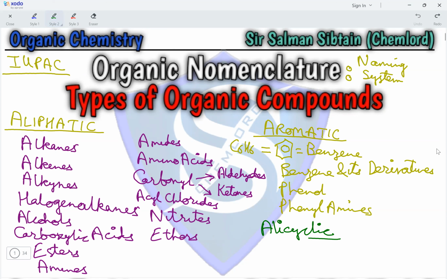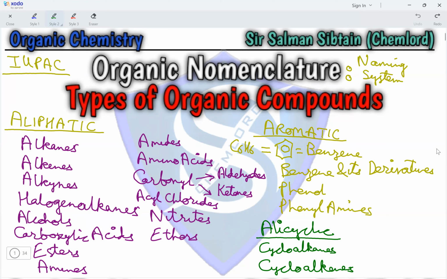Now, as the name suggests, these compounds will be in the form of a cycle. Two types of compounds will be studied, which are cycloalkanes and cycloalkenes. The name is similar to alkanes and alkenes because these compounds will have the same functional groups as alkanes and alkenes.